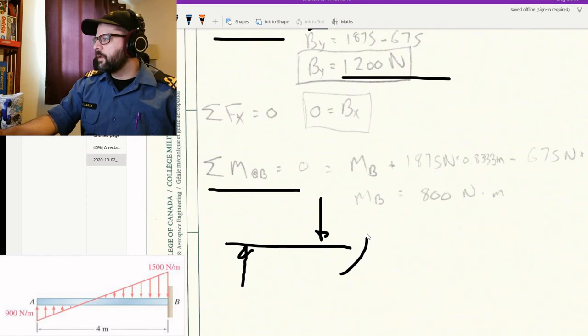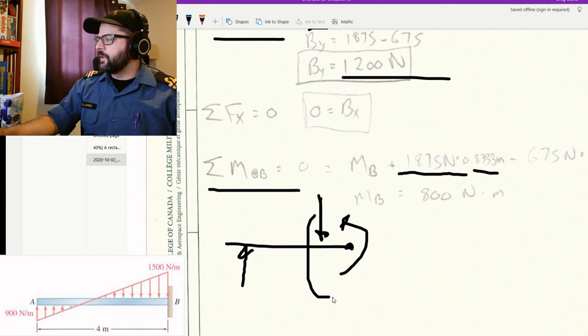quick sketch here. So we've got the reaction moment. We have the 1875 newtons times the 0.833 meters. That's going to be a positive because, again, taken about this point, that's causing counterclockwise rotation. And then we've got the 675 newton force times its 3.5 meters.